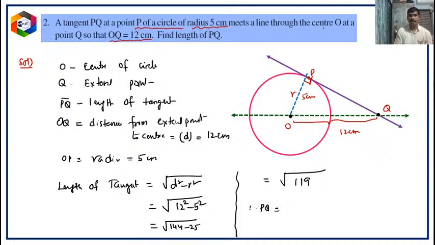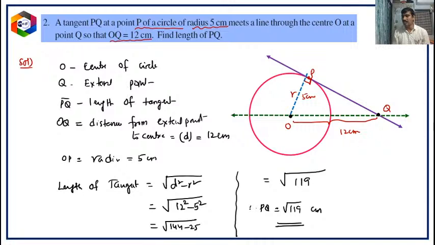Here, P at a point Q, OQ is 12, it is given. If OQ is 13, then the answer will be different. If OQ is 12, no doubt at all, this is root of 119 centimeters. 5, 12 and 13 form a right angle triangle, but 13 is the hypotenuse.